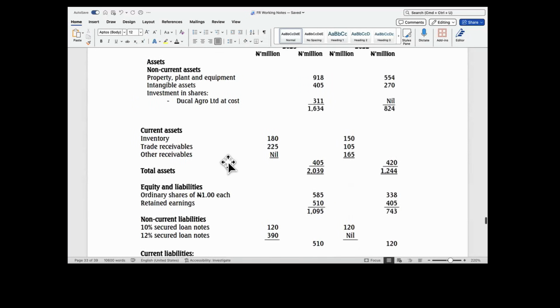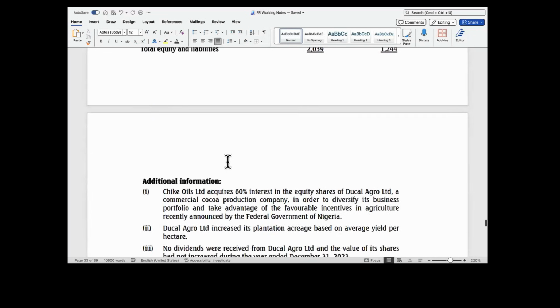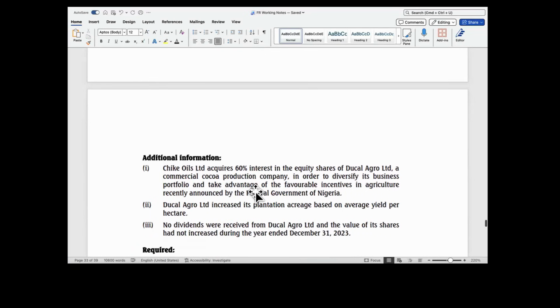The only thing I can pick from what is happening here is the fact that they acquired another company in the agricultural sector.